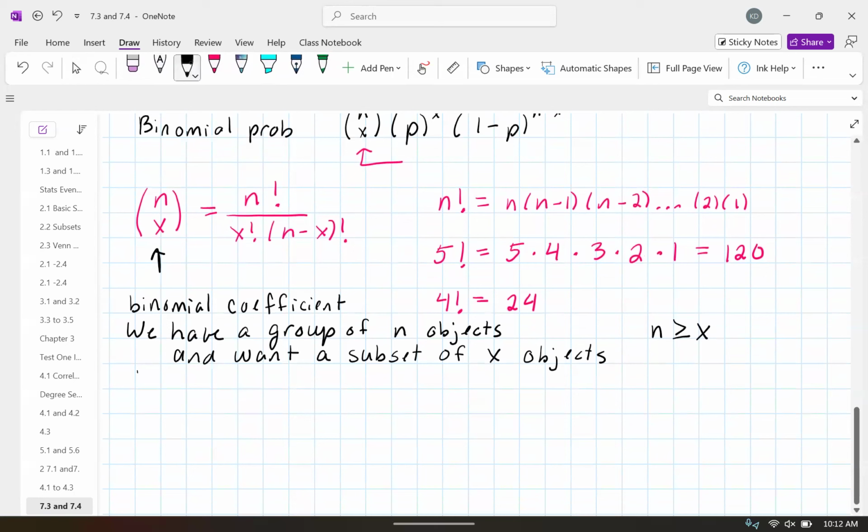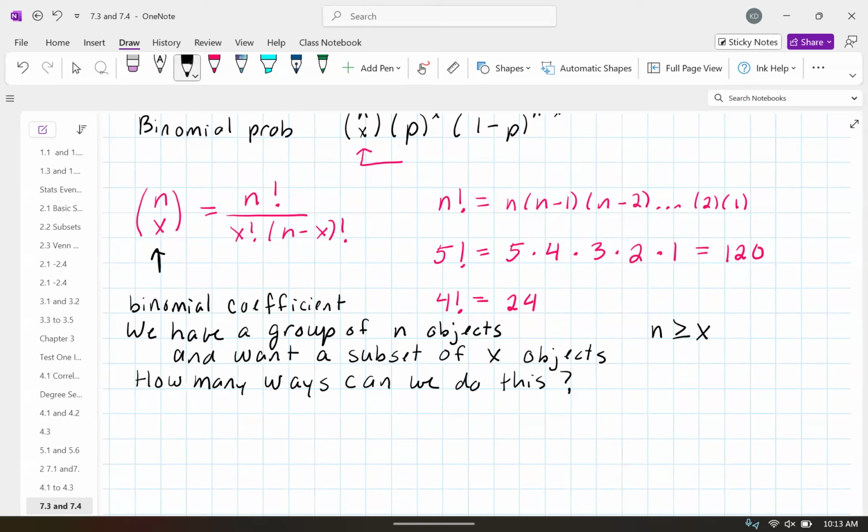So how many ways? The binomial coefficient counts. We have a bunch of things which we're going to choose a group of them. We don't care the order we choose them, we just want a group.